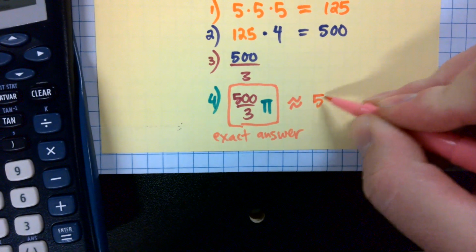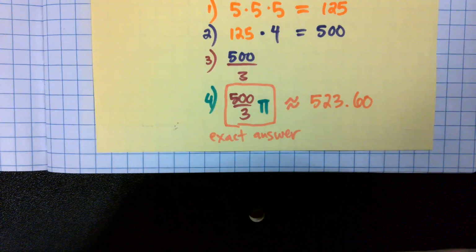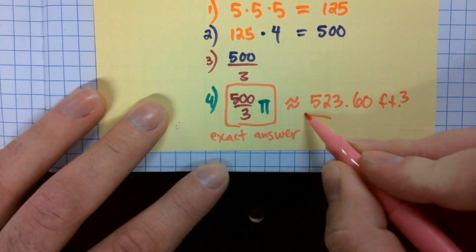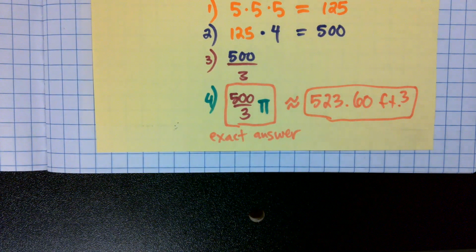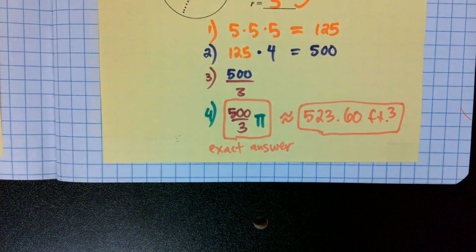That's right. 523.60. What are my units here? Feet cubed. Still a 3D shape. We're still cubing our units. And that's what we end up with. It's a lot larger than what we are used to seeing over the last 2 lessons. But that's what we get.